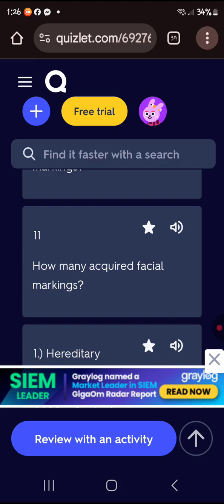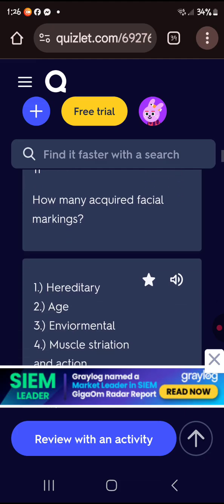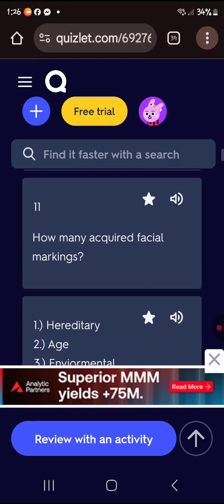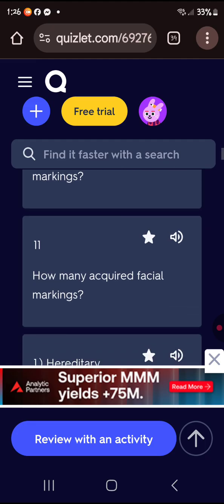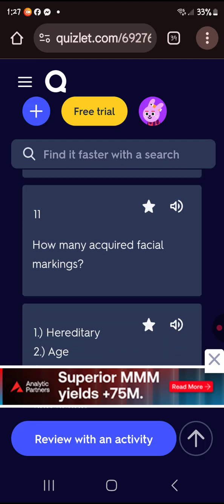You can try to remember the 11s between the eyebrows. Everybody can kind of remember that those are acquired. So 11 acquired facial markings, 9 natural. Oh, there we go. 9 natural, like an N. And 11 acquired because of the 11s between the eyebrows. There you go.